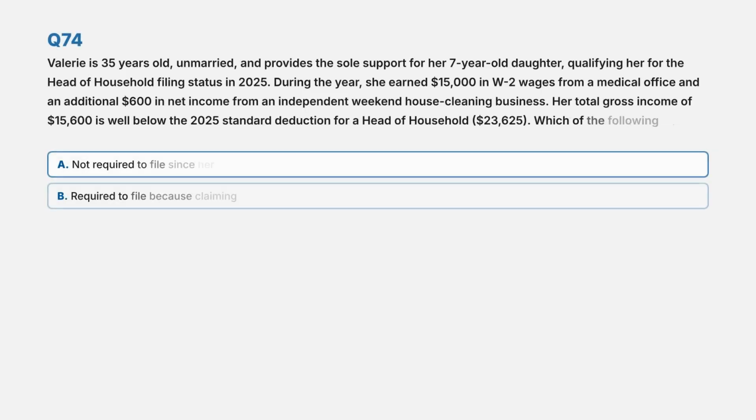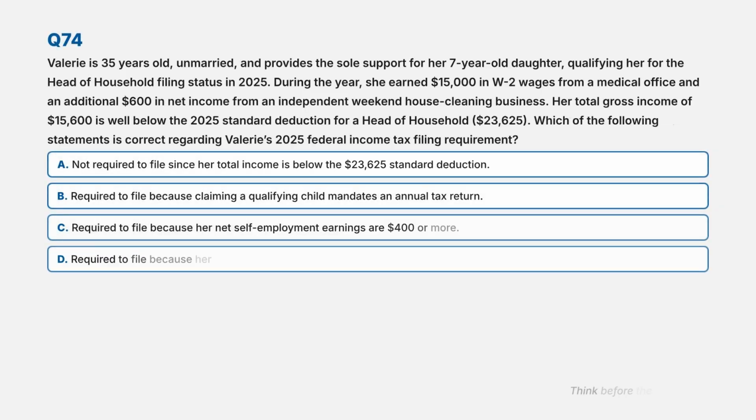Question 74. Here's the scenario. Valerie is 35 years old, unmarried, and provides the sole support for her 7-year-old daughter, qualifying her for the head of household filing status in 2025. During the year, she earned $15,000 in W-2 wages from a medical office and an additional $600 in net income from an independent weekend house cleaning business.